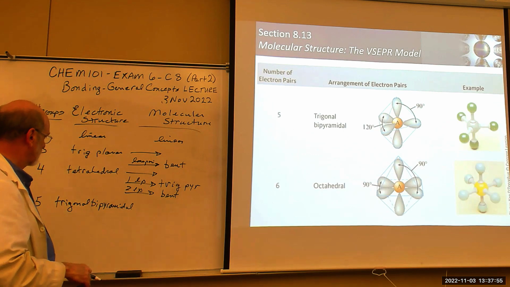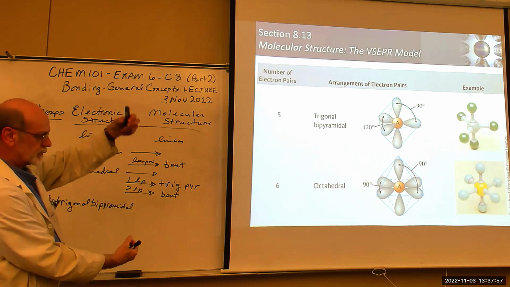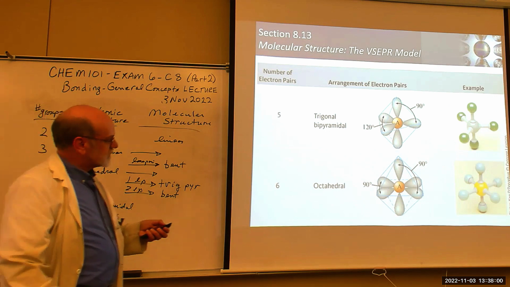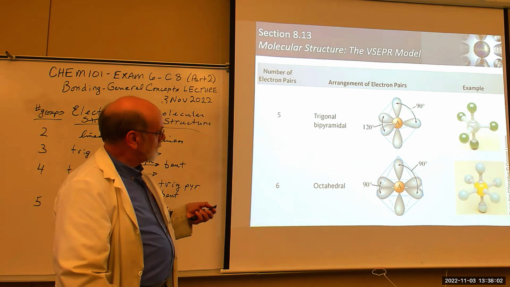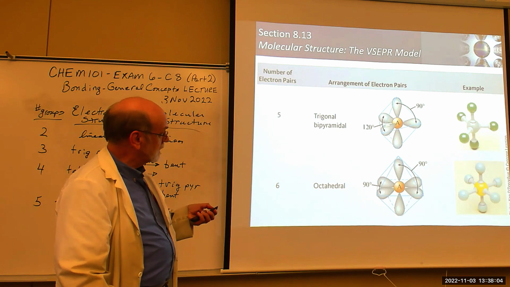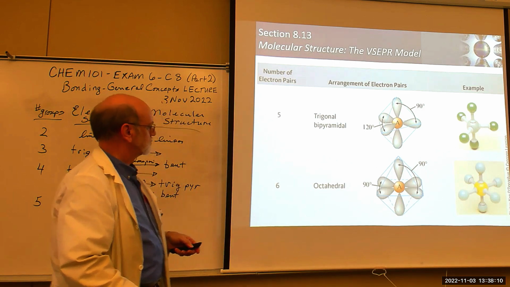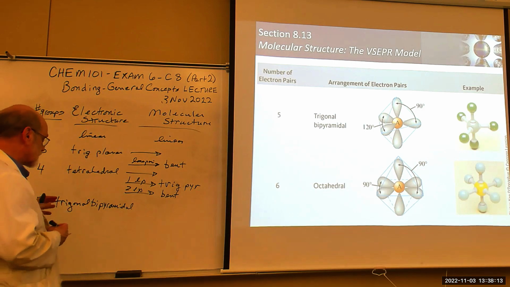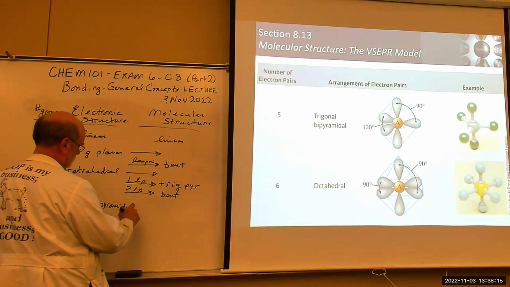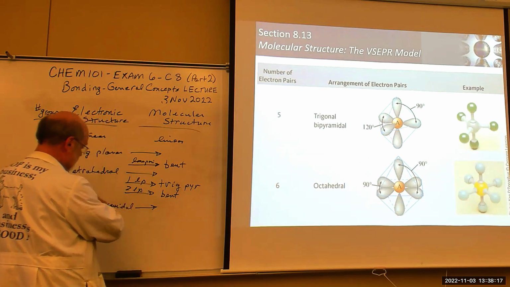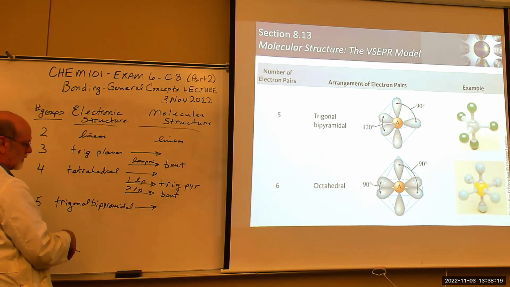There we go. You have 3 around the center and then 2 sticking out. It gets its name from this trigonal base, with a pyramid this way and a pyramid that way, like bases stuck together, a bipyramid. The shape is the same if they're all occupied by atoms.